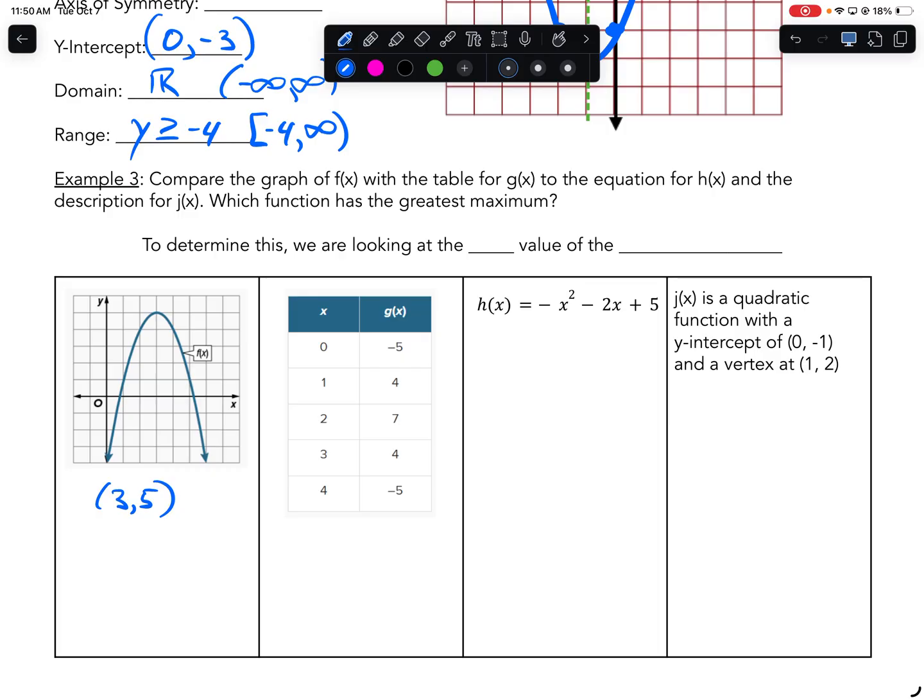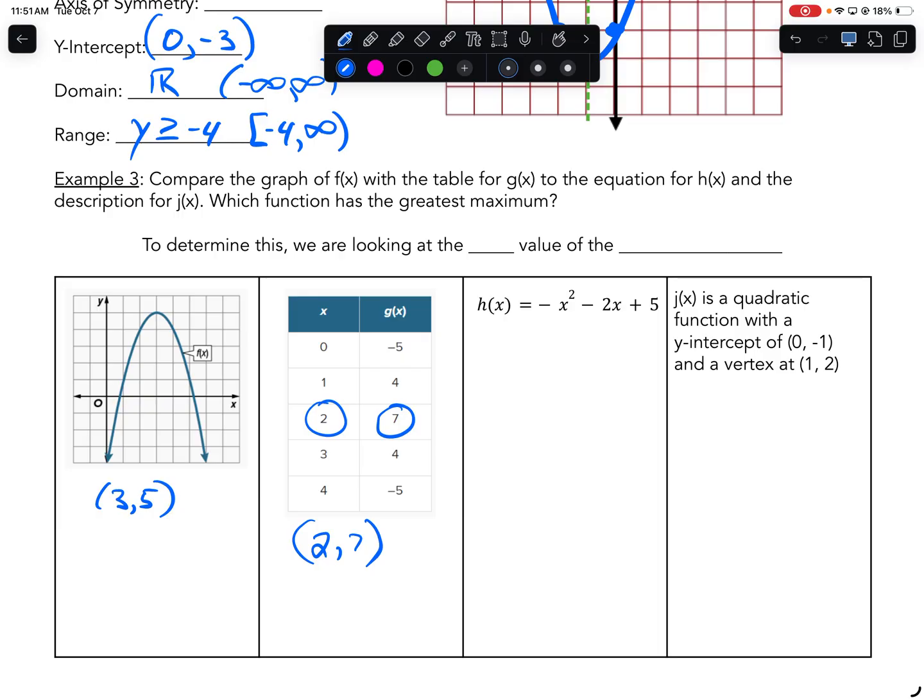X values are going up by 1 each time. Fiona? The biggest number, right? So that's got to be the y part of the vertex. That's the x part of the vertex. So 2, 7. Which of those two has the greater maximum? First one, second one? Second one.